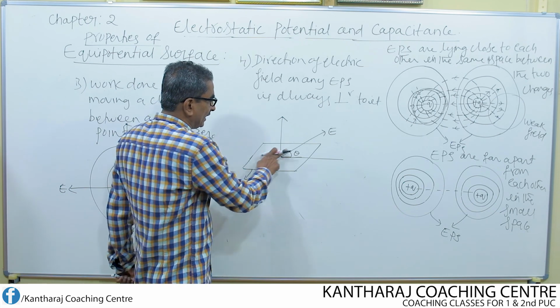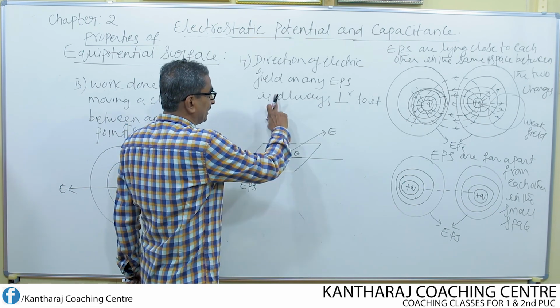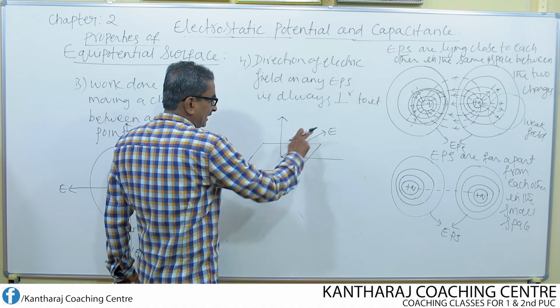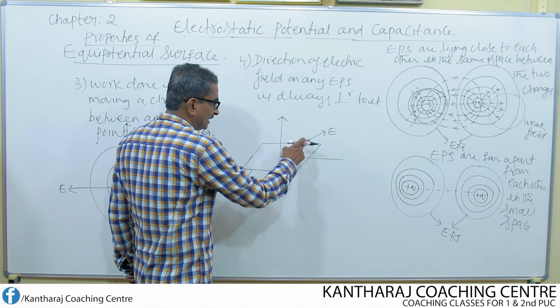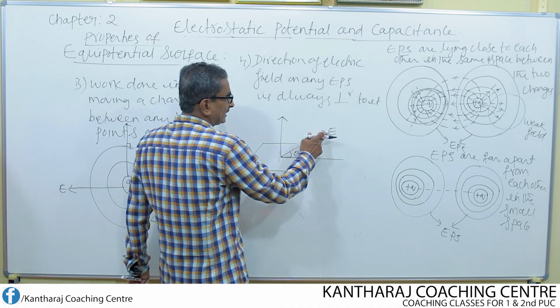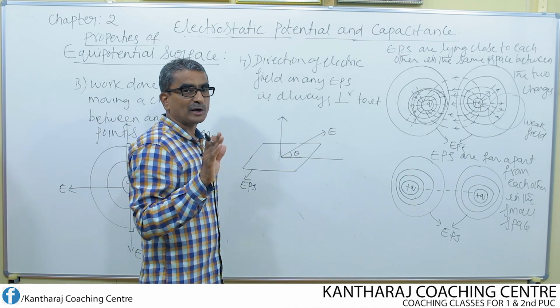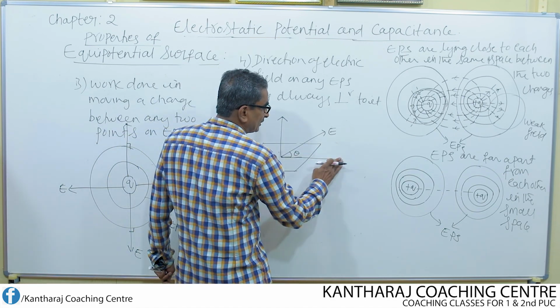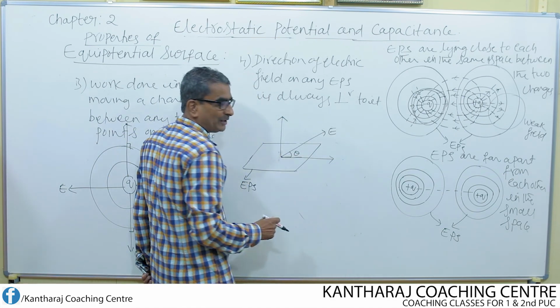Suppose the electric field is not perpendicular to this equipotential surface, but makes an angle theta with respect to the horizontal on the equipotential surface. Then certainly this electric field must have one component all along the horizontal on the equipotential surface. What is that component?